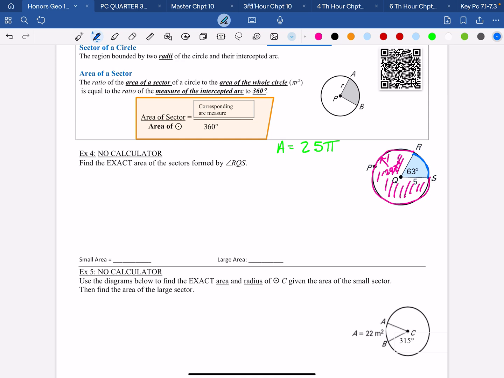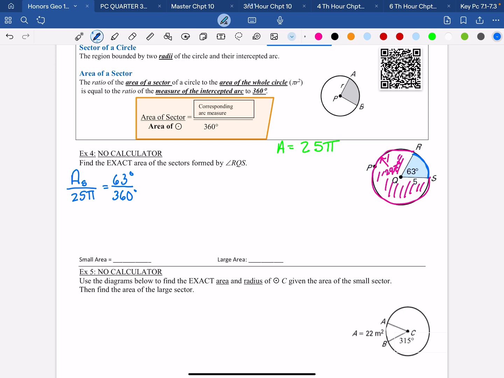So the area, and I'm going to use A for area and S for small, the area of the small sector divided by the whole area of the circle, which is 25 pi, equals the same ratio of 63 degrees divided by 360.